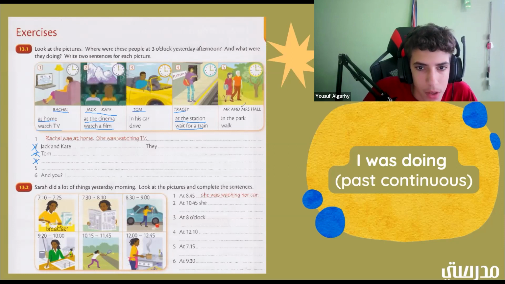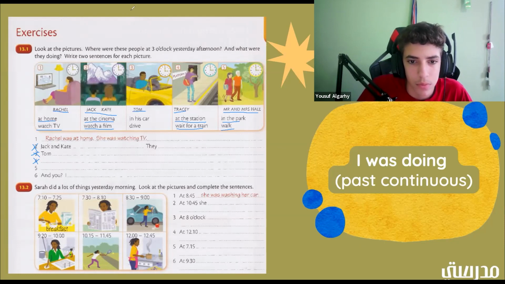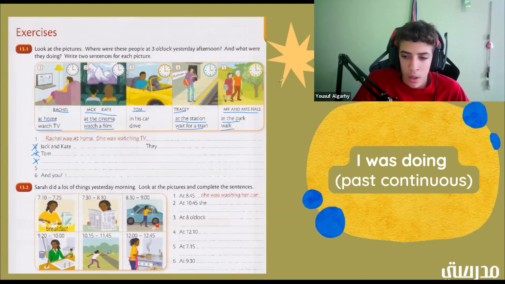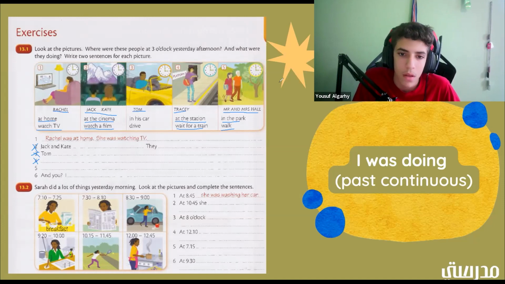Number 5. Mr. and Mrs. Hall for the train. You're right, for the train. So Mr. and Mrs. Hall in the park walk. So what would this one be? They were walking in the park.